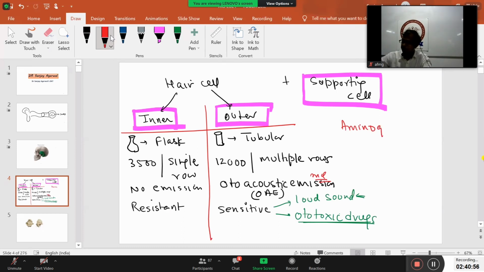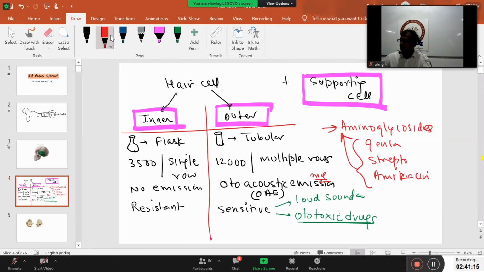Aminoglycosides are the main ototoxic drugs, like gentamicin, streptomycin, amikacin. These are all aminoglycosides, and they are all ototoxic drugs. There are many more, but these are the main ones.